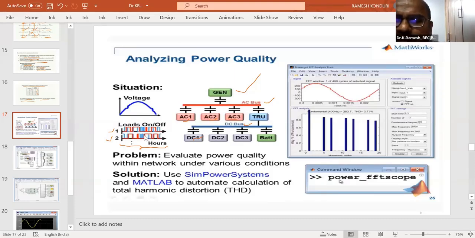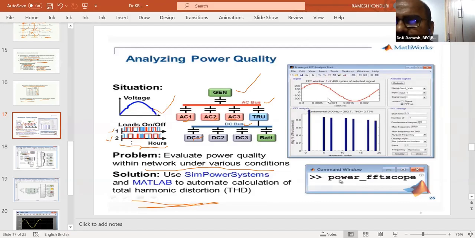Due to this, the line-to-line voltage of the generator will be somewhat distorted, meaning it has harmonic content. So here I would like to evaluate the power quality within this network under various conditions. For this, I make use of SimPowerSystems in MATLAB for automatic calculation of the total harmonic distortion.